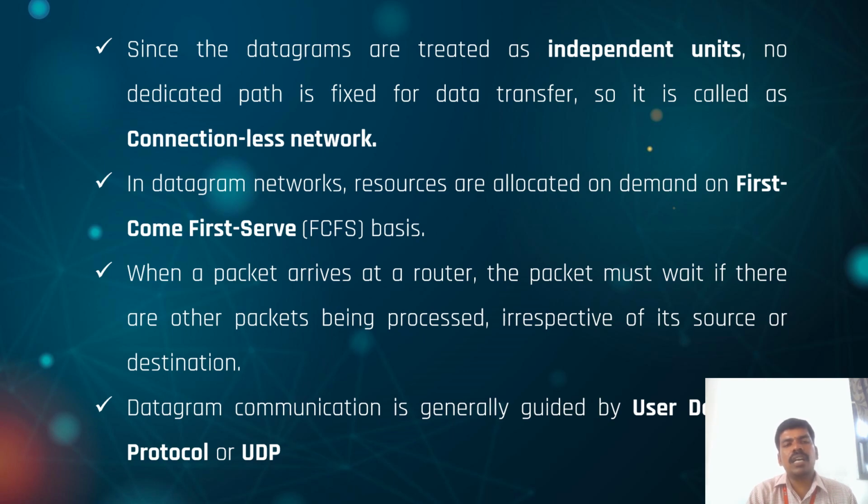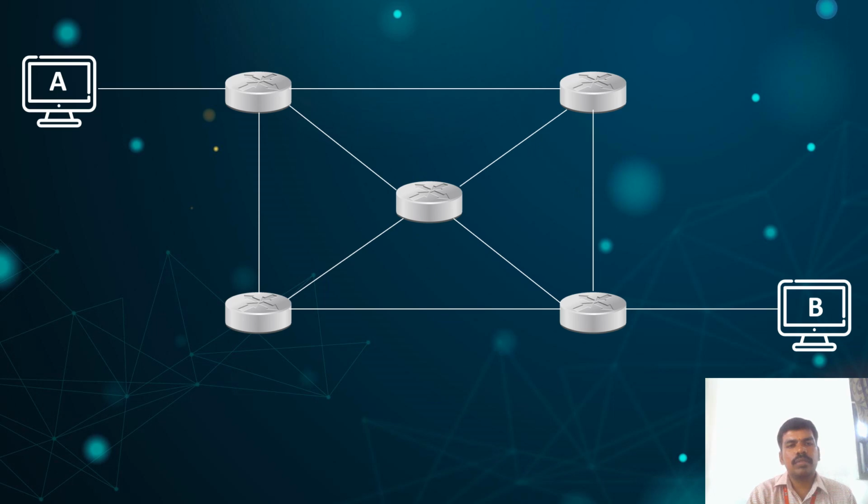When a packet arrives at a router, the packet must wait if there are other packets being processed, irrespective of its source or destination. Datagram communication is generally guided by the User Datagram Protocol, or UDP. So this is the UDP network and router connected with each and every packet of data.